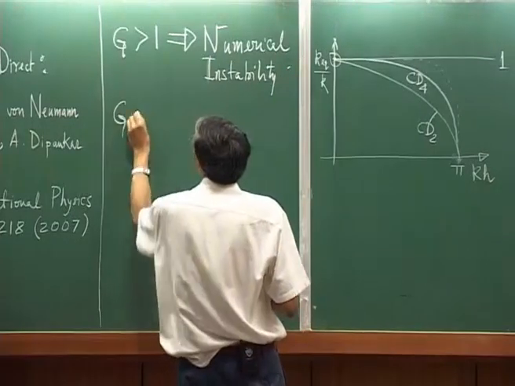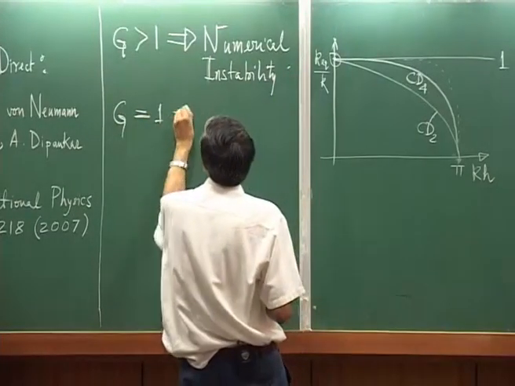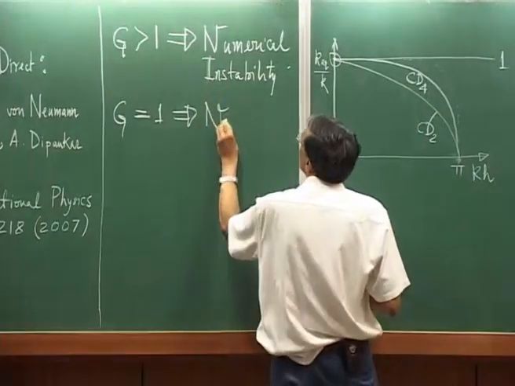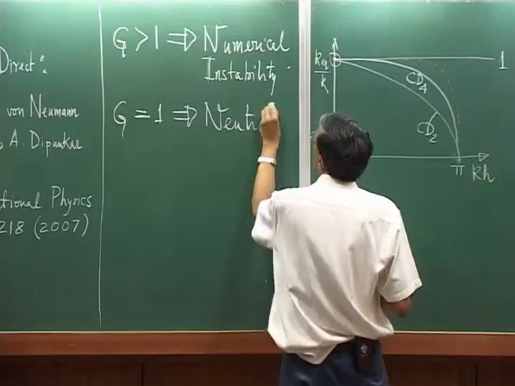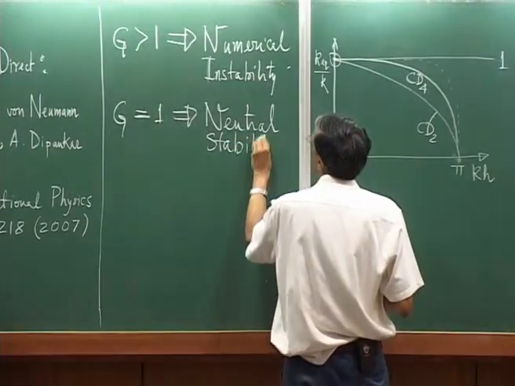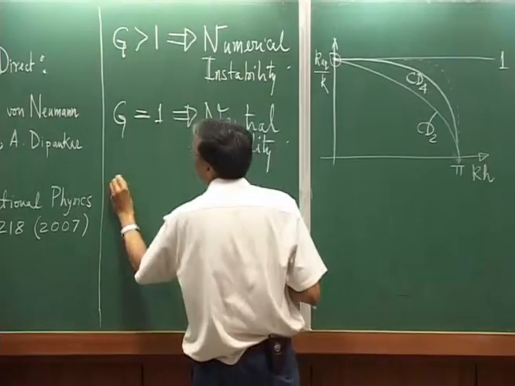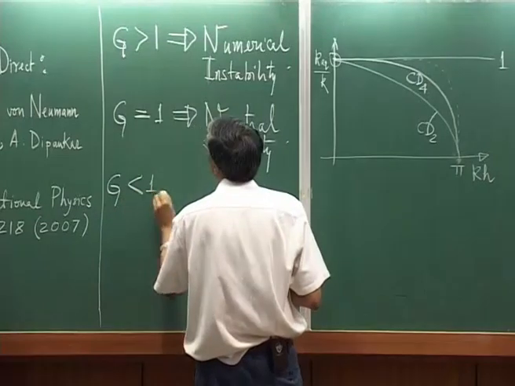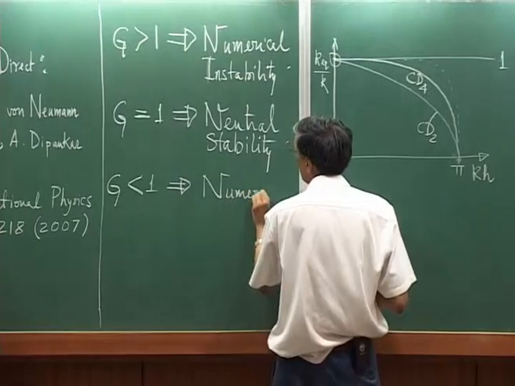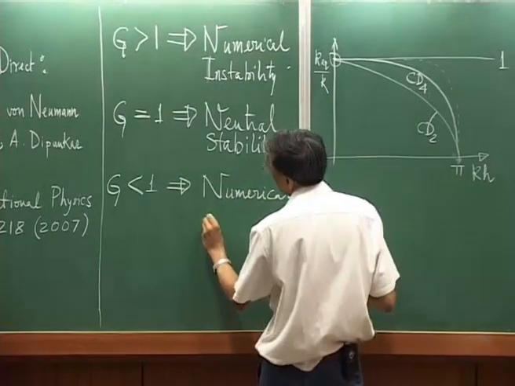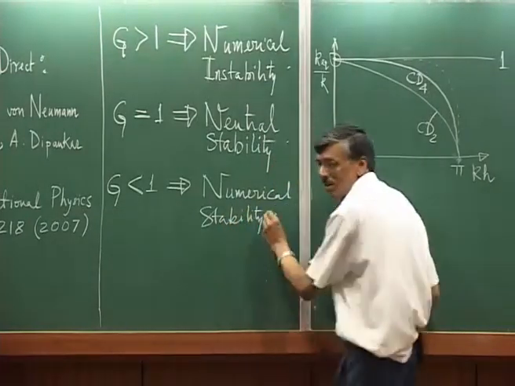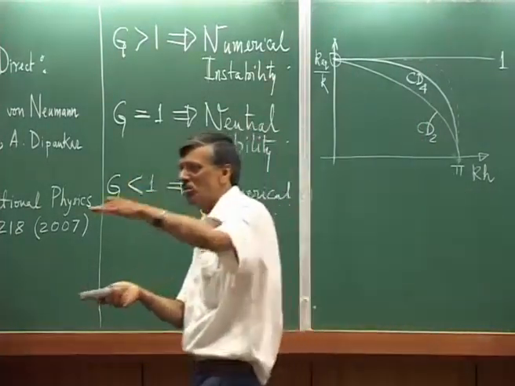If g is equal to 1, then it is neither growing nor decaying, and I will call that neutral stability. And when g is less than 1, we call this numerical stability. So, with time, the Fourier-Laplace amplitude will keep decaying.